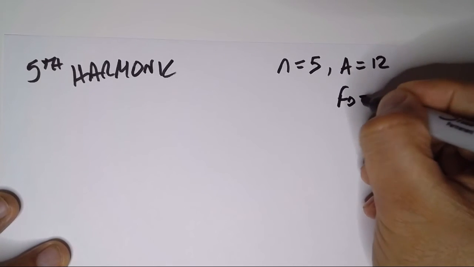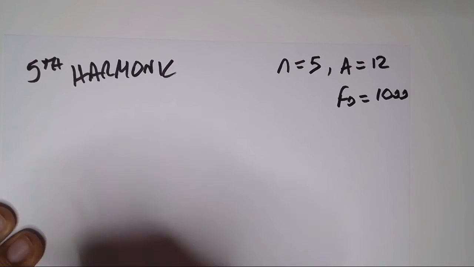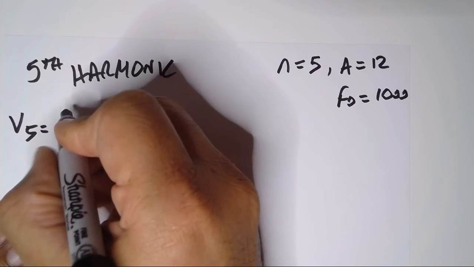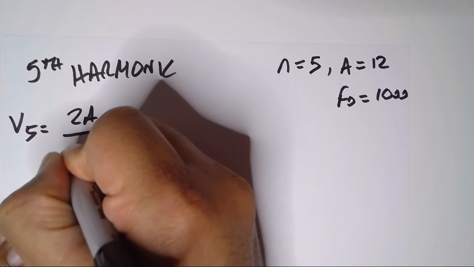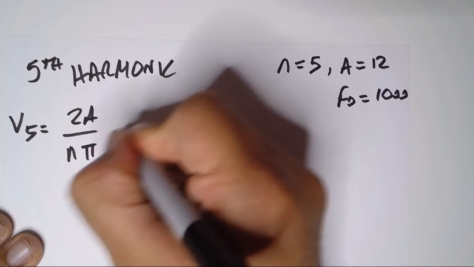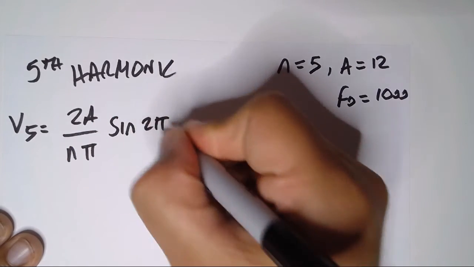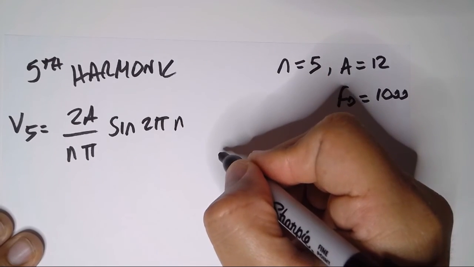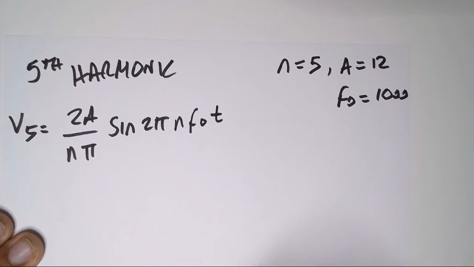The fundamental is 1000. And the fifth harmonic will be equal to 2 times the amplitude over n times pi, all that times sine of 2 pi times the harmonic that we're working with, the fundamental frequency, times t.